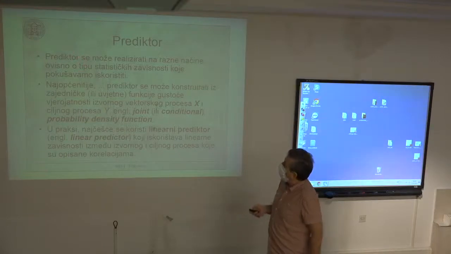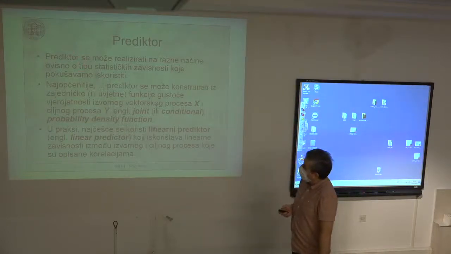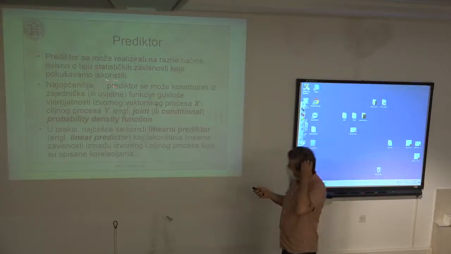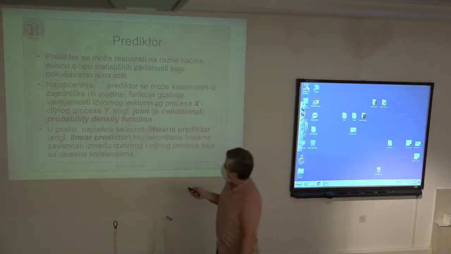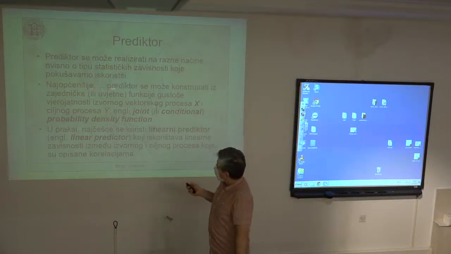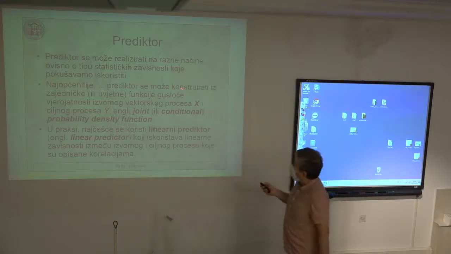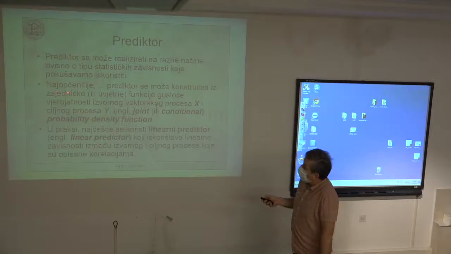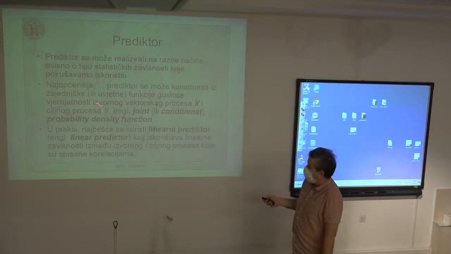This predictor can be realized in different ways, depending on the type of statistical dependencies that we are trying to utilize. Most generally, this predictor can be constructed from the joint or conditional probability function between the source process and the target process.